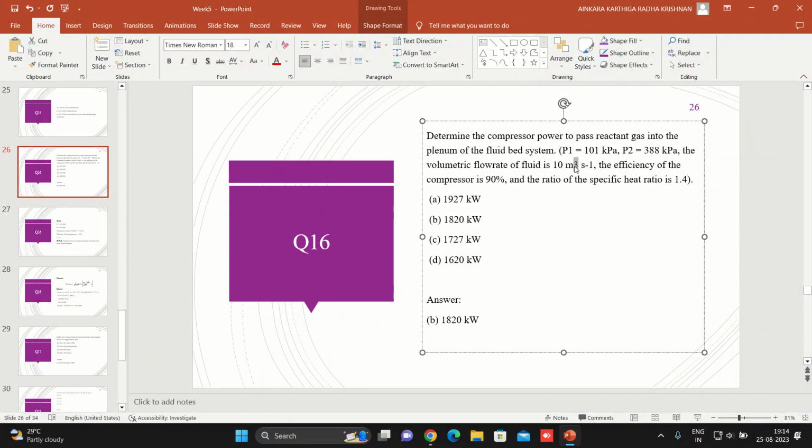The question is the compressor power to pass reactant gas into the plenum of the fluid bed, so we need to know the actual value, not the ideal one.